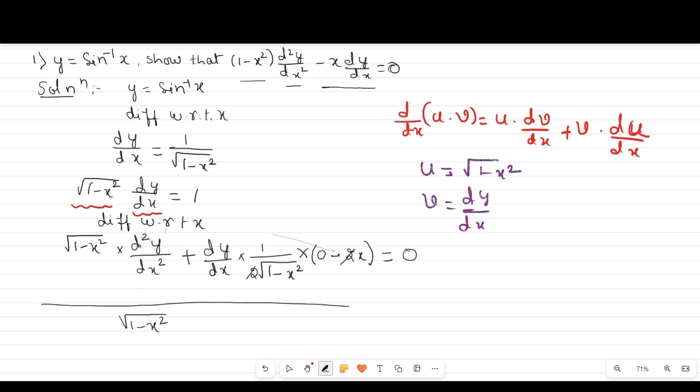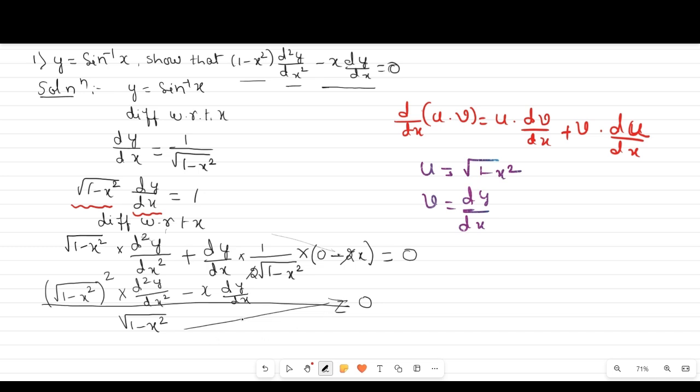If that is the LCM, you cross multiply that for the first term. It becomes what? Already we are having root of 1 minus x square. So if you multiply that with root of 1 minus x square, it becomes (1 minus x square) into d square y by dx square, plus, sorry, minus, this negative comes outside, minus x into dy by dx equals 0. So when you cross multiply this to the right hand side, it becomes 0.